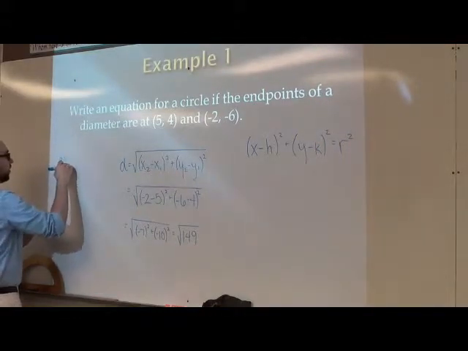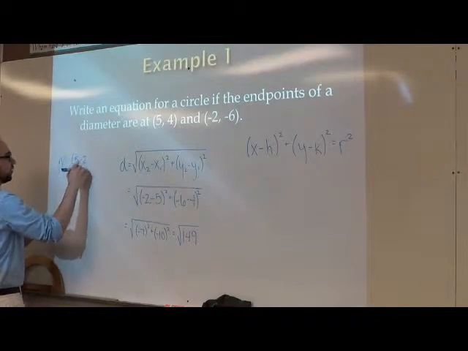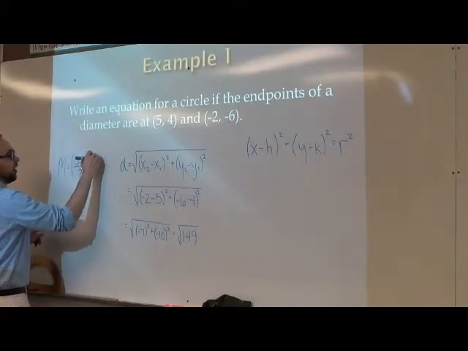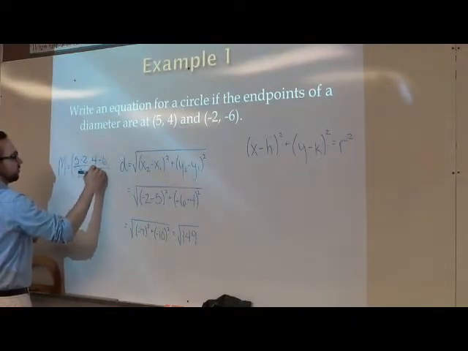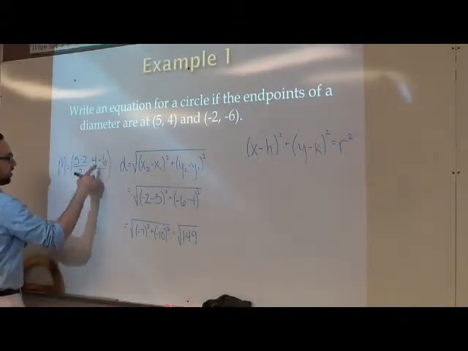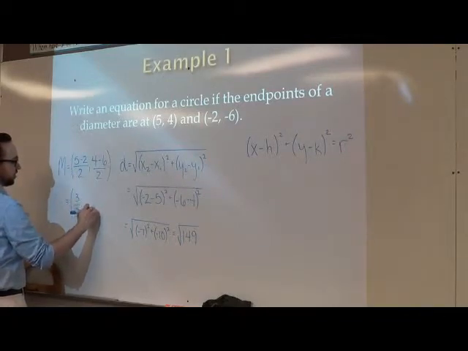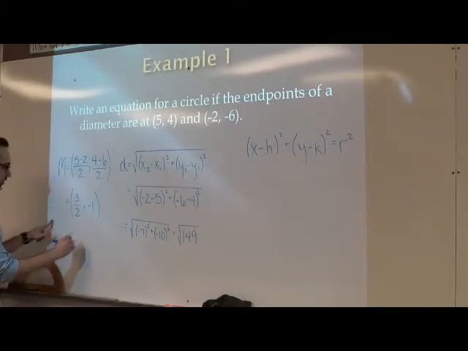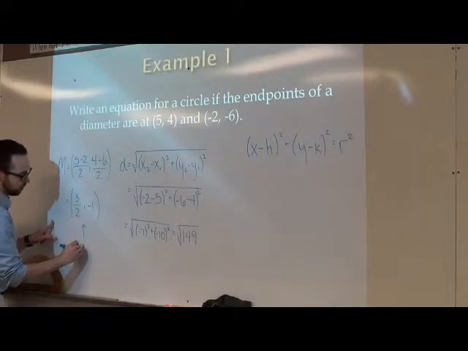So the midpoint of this is going to be 5 plus a negative 2, or 5 minus 2, and 4 plus a negative 6, which is 4 minus 6. So our midpoint, or the center, is going to be 3 halves and negative 2 over 2, which is a negative 1. So this is the center of our circle, the midpoint of the diameter.